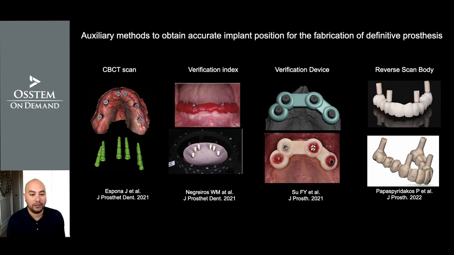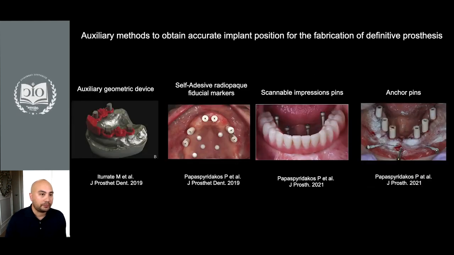So perhaps a verification jig is still needed. We also have additional methods: a geometric device, self-adhesive radiopaque fiducial markers, scannable impression pins, or anchor pins on the jawbone.